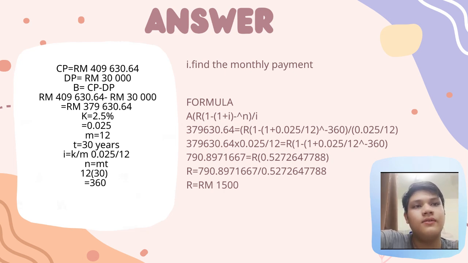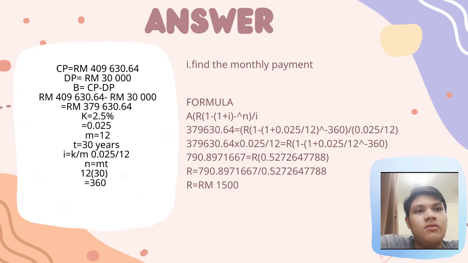For the CP it will be RM 409,630.64, and the down payment will be RM 3,000, and for the balance it will be 409,630.64 minus 3,000, which is 406,630.64. For K, the percentage is 2.5%, which is 0.025.